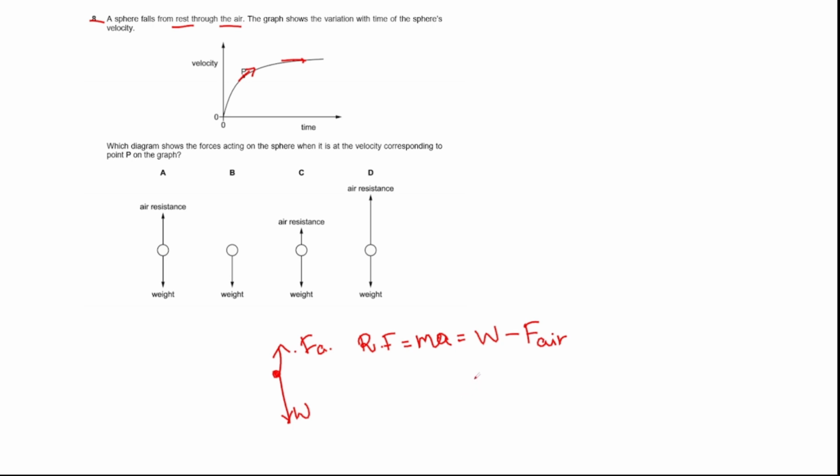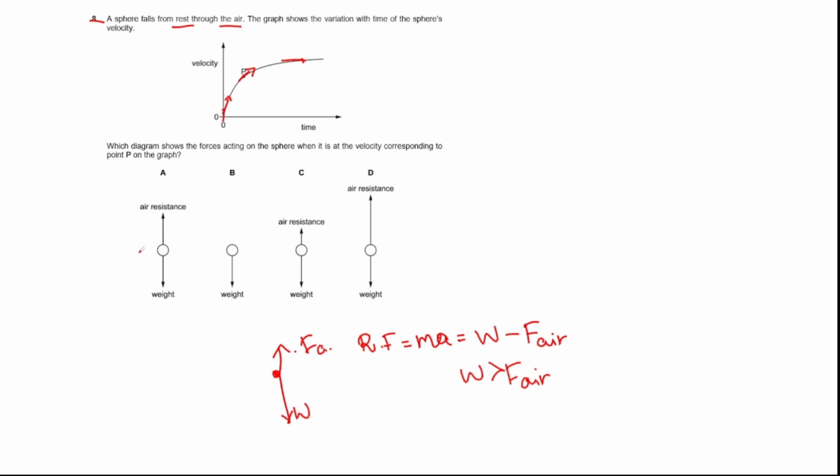Since the acceleration keeps lowering, it's not as much as before, it becomes less. So the acceleration must be less, but the weight should be higher than the air resistance. The air resistance will increase as the speed increases, so at one point both of them will become equal.